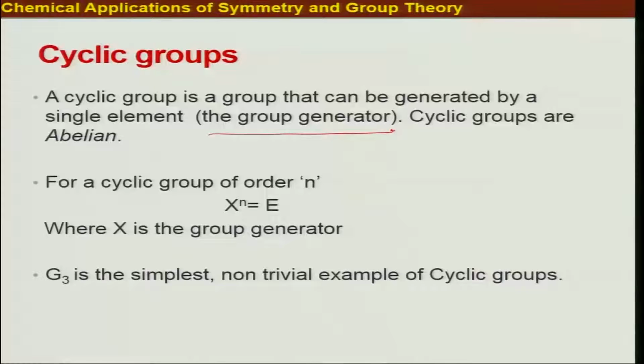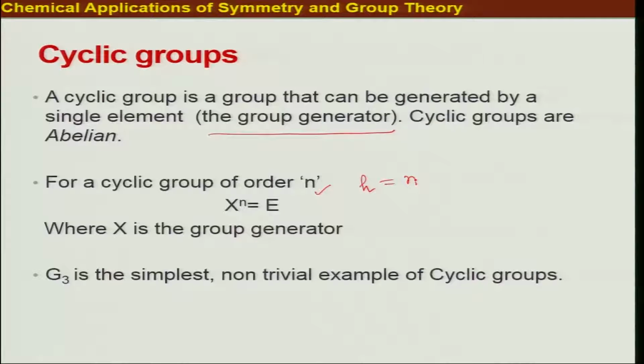Now some specific things about a cyclic group: for a cyclic group of order n, we just looked at order n equals 3. So for any general group which is cyclic in nature and has an order n, where essentially this means h equals n, then x to the power n equals e, where x is the group generator.